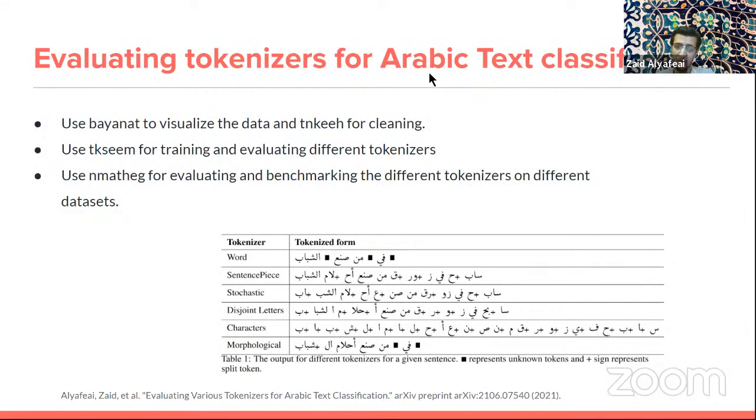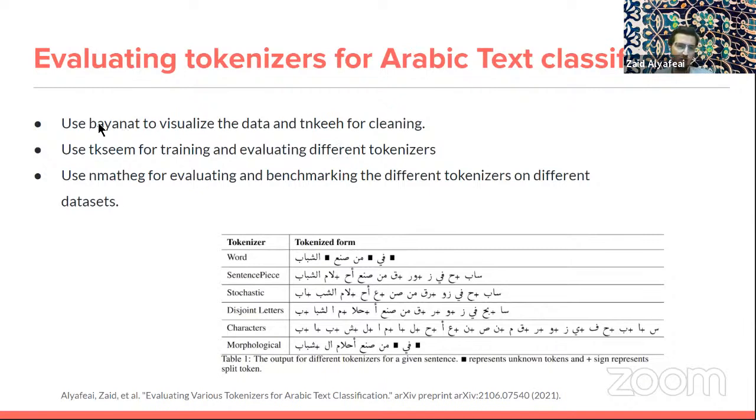We benchmark these tokenizers on Arabic text classification. So just to show the pipeline that we are following and how much we are using the datasets or the tools that we have in our pipeline.